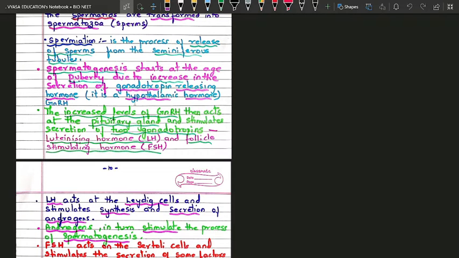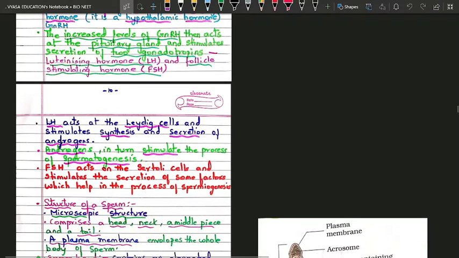And how does it start? It is due to increase in the secretion of the GnRH hormone. GnRH is a hypothalamic hormone. The increased level of GnRH acts on the pituitary gland and stimulates the secretion of two gonadotropin hormones, the luteinizing hormone LH and follicle stimulating hormone.